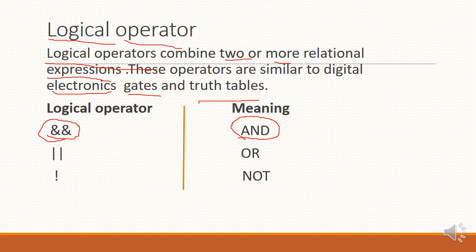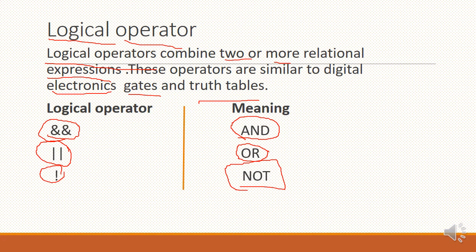Similarly, two vertical lines, if you write them, are going to perform the logical or. Then this one exclamation mark, when you have written it, is going to perform the logical not.